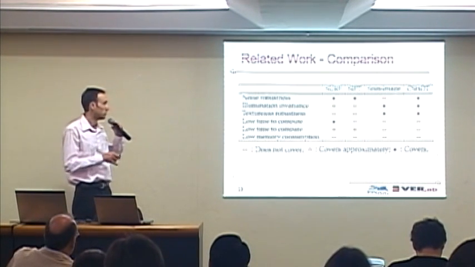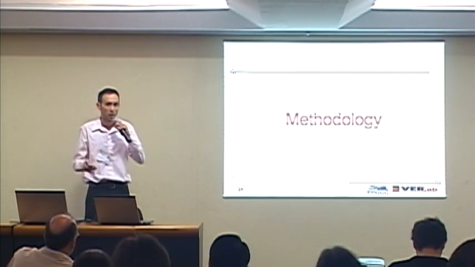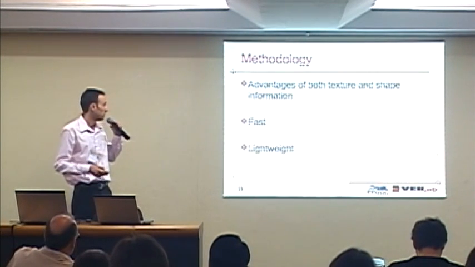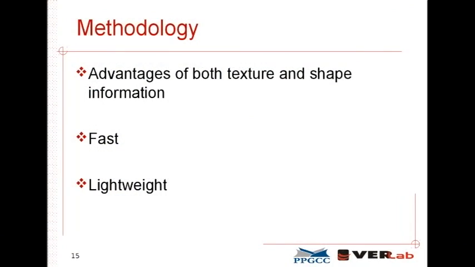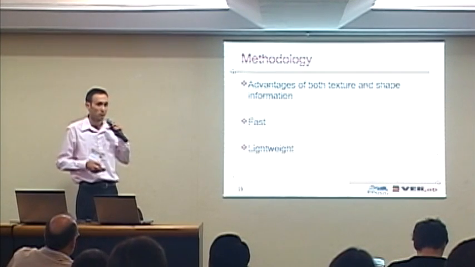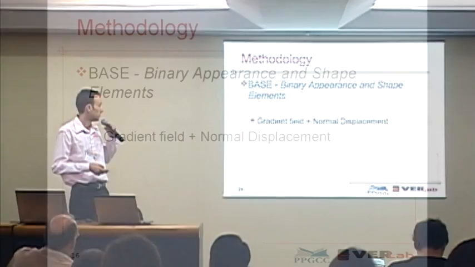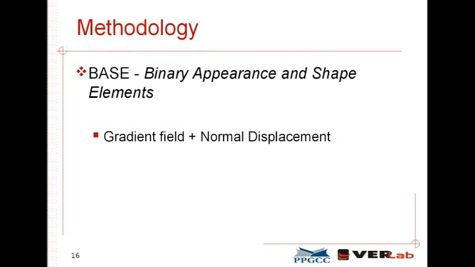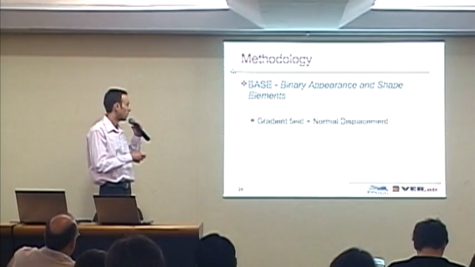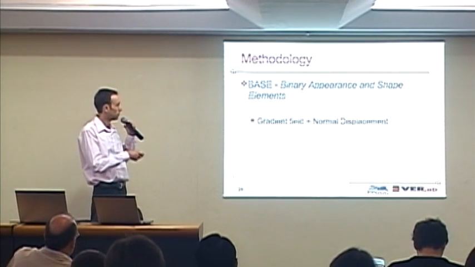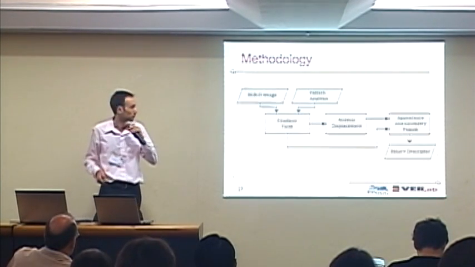To fill this gap, we propose a methodology that takes advantage of texture and shape information present in RGBD images. It is fast and lightweight. We call our methodology BASE, from binary appearance and shape elements, and it is based on the combination of a gradient field and an evaluation of normal displacement.